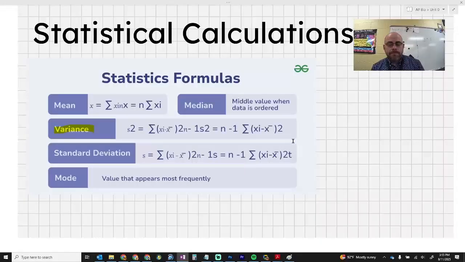Why is it important? I'll use one of my honors classes last year as an example. I had an honors class one time that had an 80% average on a test and an 80% median. And you're like, wow, it's really close. The standard deviation for that set of data was 17 or 18, something like that.